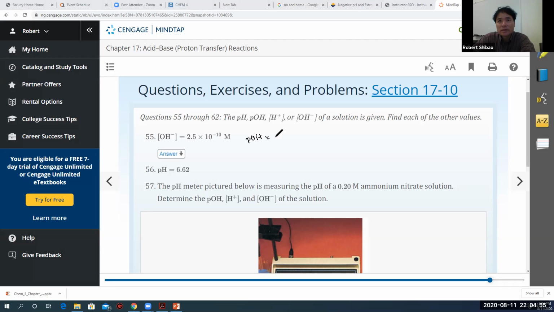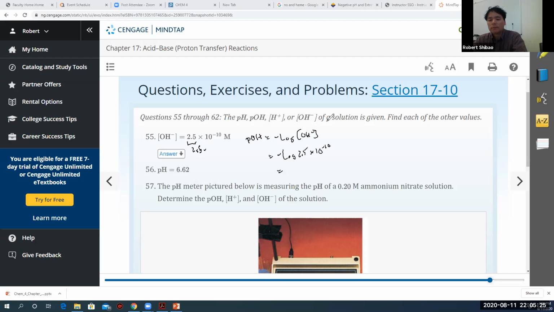The pOH is equal to the negative log of the OH minus concentration. So it's the negative log of 2.5 times 10 to the minus 10. This is 2 sig figs here. I need a calculator for that.